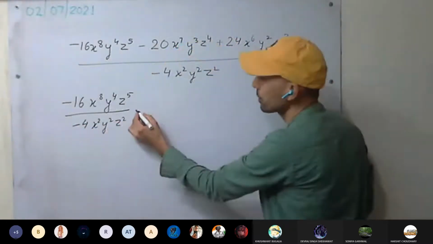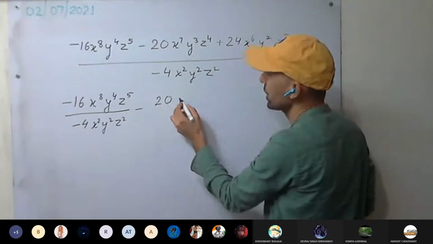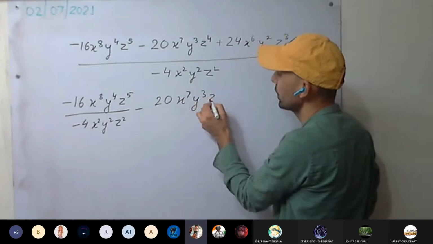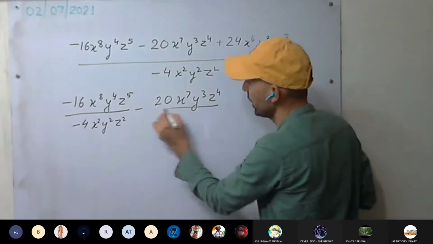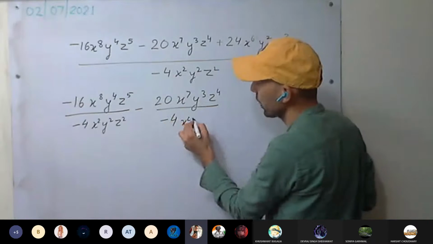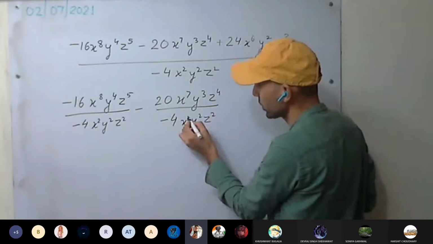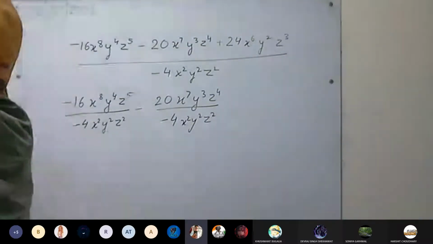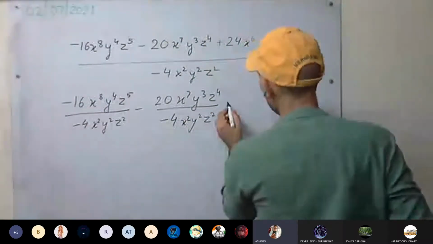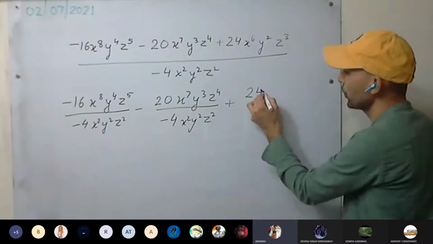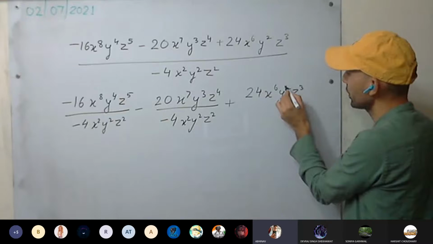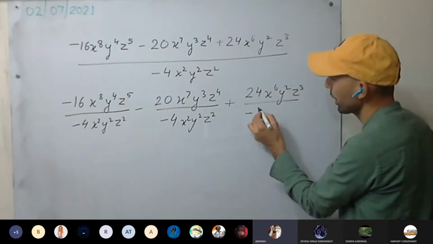Next one, minus 20 x raised to power 7, y cube, z raised to power 4, divided by minus 4 x square, y square, z square. This is clear to all? Yes. Okay. Plus 24 x raised to power 6, y square, z cube divided by minus 4.